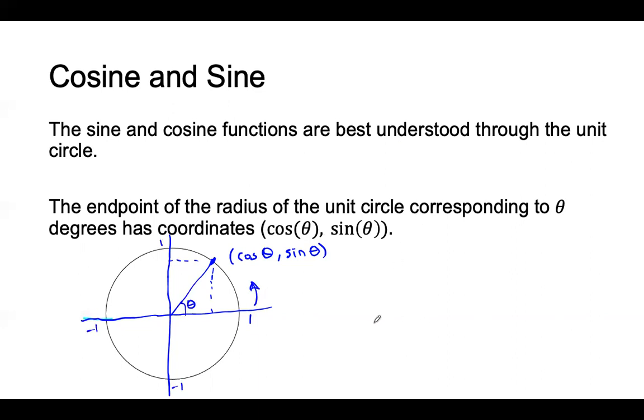Let me write out that triangle a little larger for you to see. This means the cos, because it's in the x direction, it's down here. This is our angle. This is sine of the angle, and remember the radius is 1.